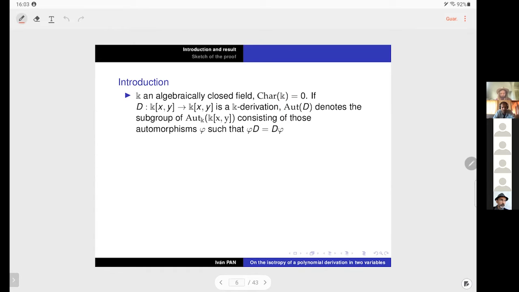As Daniel explained to us last Friday, this is called in general the isotropy of the derivation, because it corresponds exactly to the isotropy of the action of the automorphism group of the polynomial ring on the vector space of derivations.